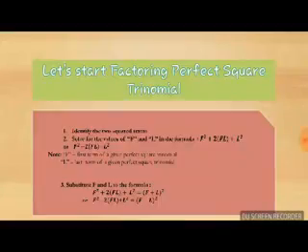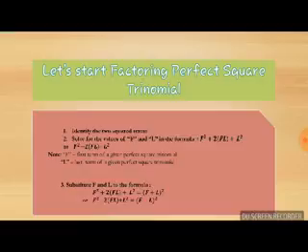Let's start factoring perfect square trinomial. So here are the steps. Number 1, identify the two squared terms. Number 2, solve for the values of f and l in the formula f squared plus 2fl plus l squared, or f squared minus 2fl plus l squared. Note that f stands for the first term of the given perfect square trinomial, while l stands for the last term of a given perfect square trinomial.